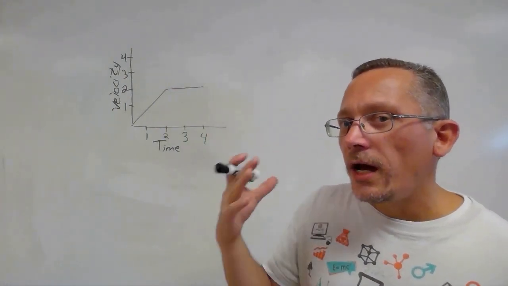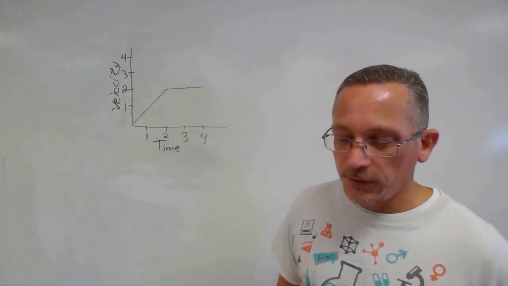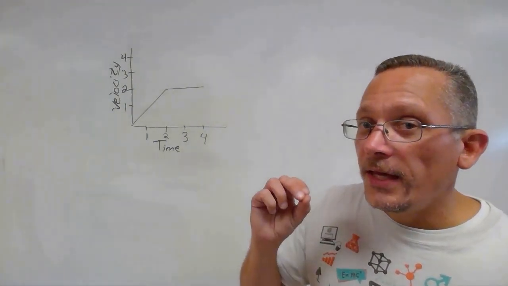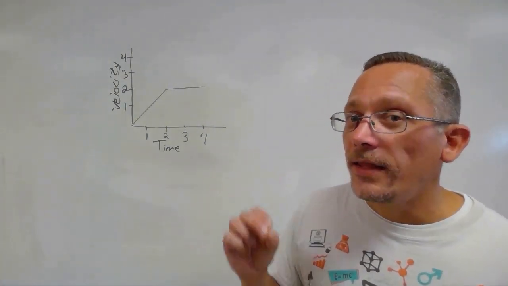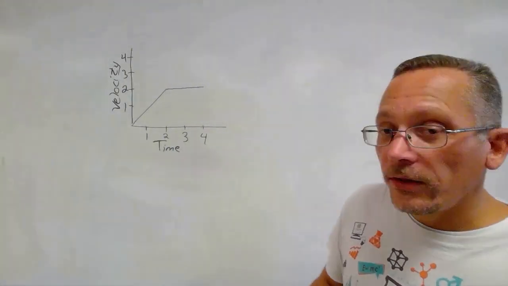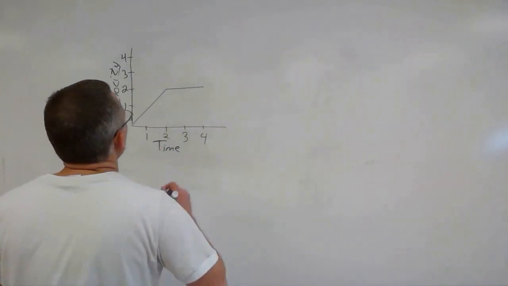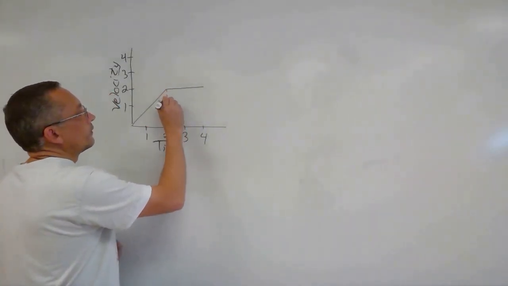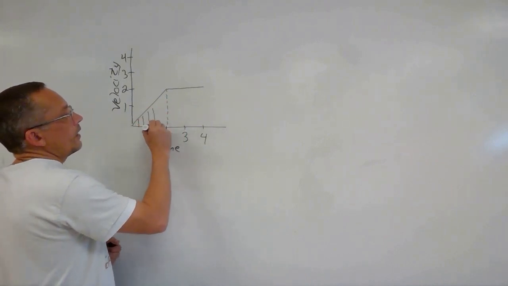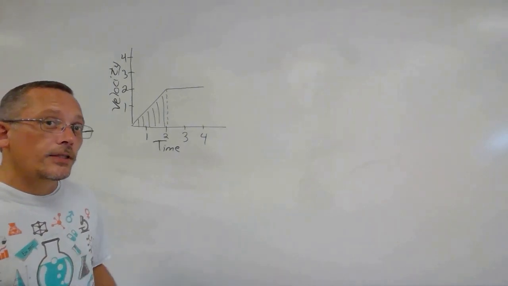Let's take a look at how we know how far the object has gone in those first 2 seconds. If you know calculus, you already know this, but the area underneath that line is how far the object has gone. So if I look at the part of the line just up until 2 seconds, the area underneath the line right there is how far the object has gone.